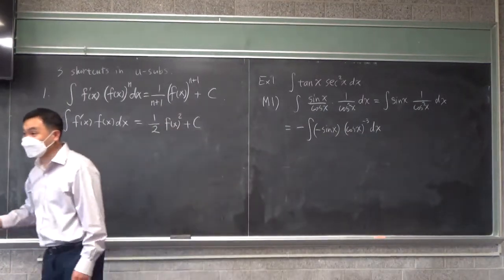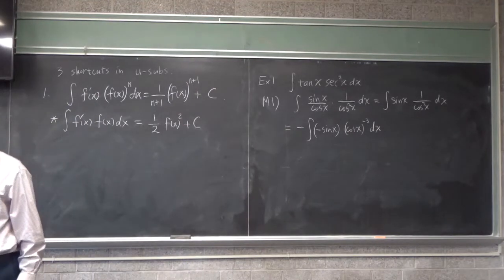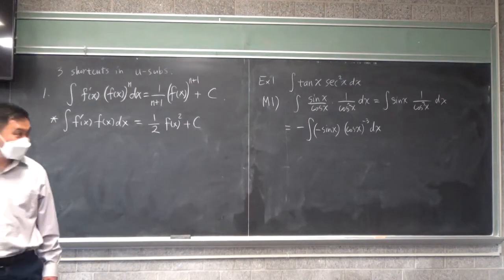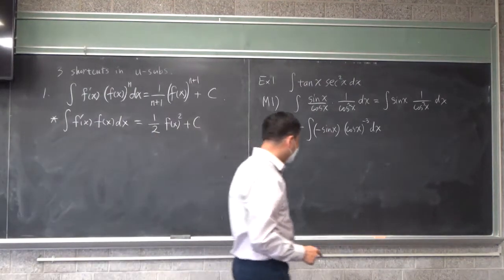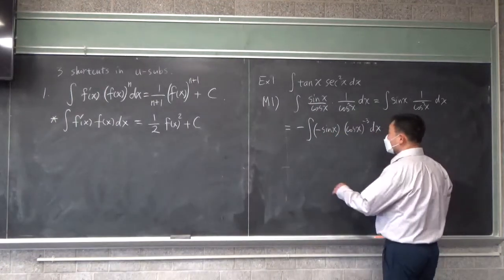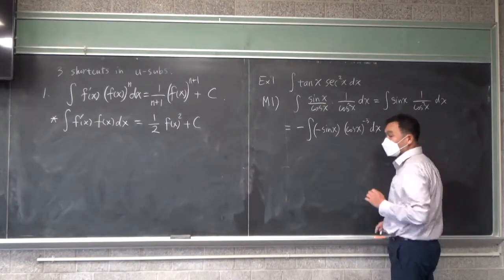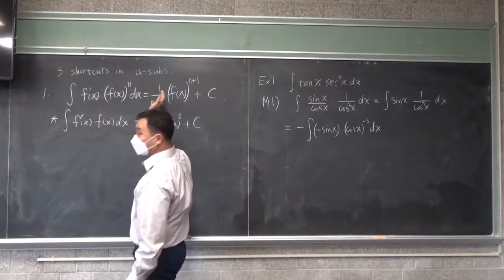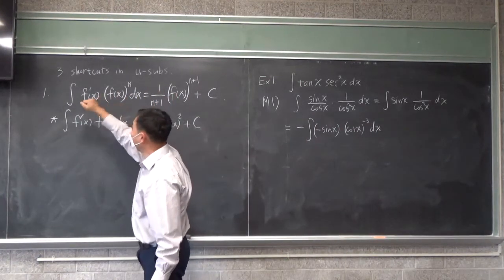Yes? I'm still kind of confused about the trick for the negative thing. I know you did it before, but how does that get rid of the sine x? The sine x disappears when you integrate. So the question was, how does this trick get rid of the sine x when you integrate? Well, first of all, you see that in this formula, f prime disappears, right? Why does it disappear?